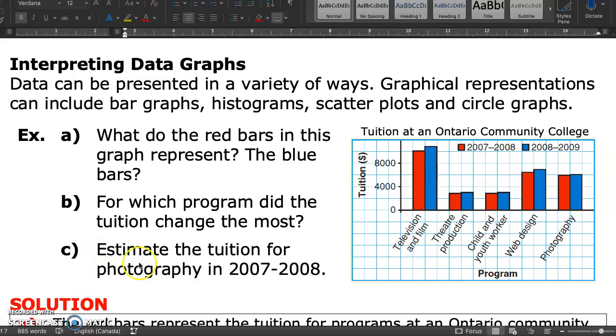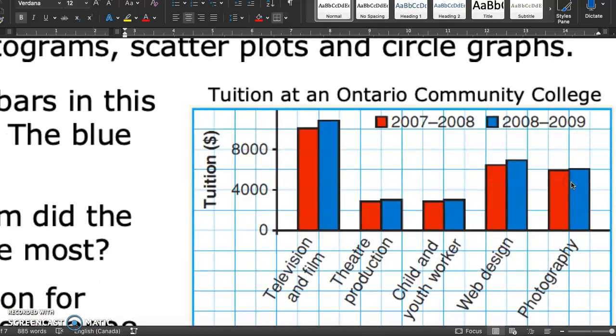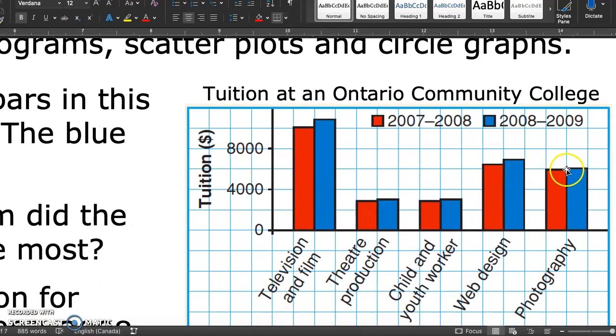C. Estimate the tuition for photography in 2007 and 2008. This is a very precise, challenging to zoom in on answer, but we can see that this blue bar and red bar for photography are approximately at this point on the graph, and between 4,000 and 8,000, that midpoint is 6,000.